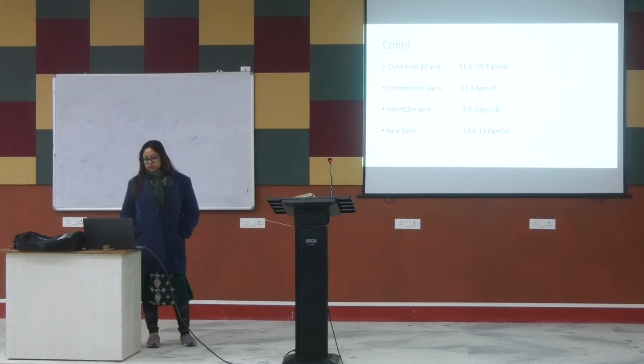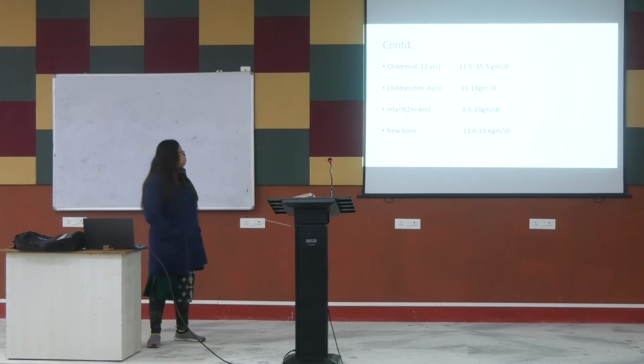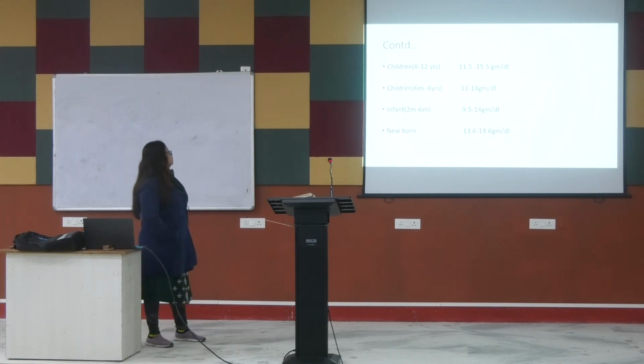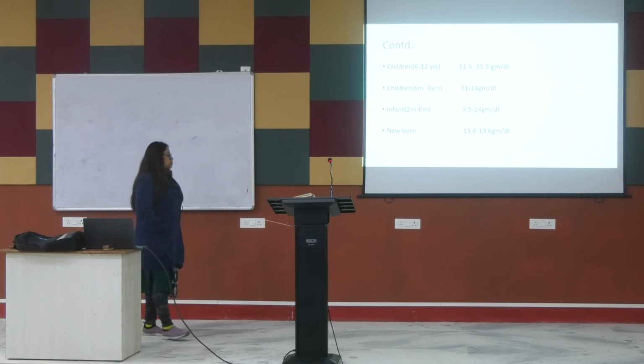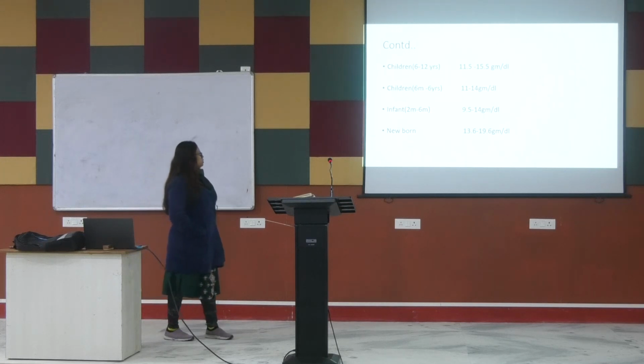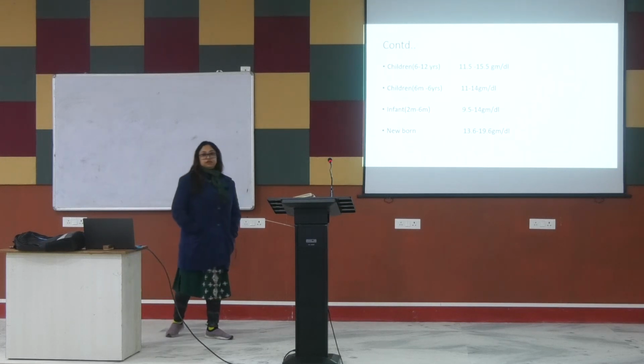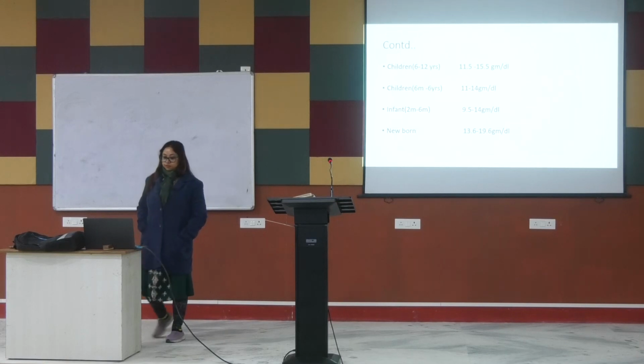In case of infants, 2 months to 6 months of age, it is 9.5 to 14 gram per deciliter. And in case of newborn, it is a little higher, 13.6 to 19.6 gram per deciliter.